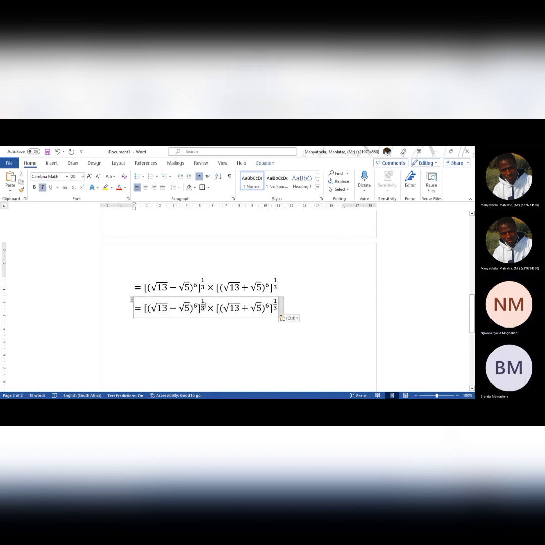6 times 1 over 3 gives 2. So we write 2 on this side. I can remove the square brackets.